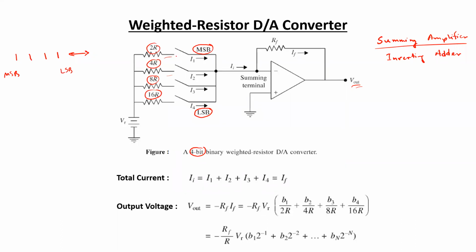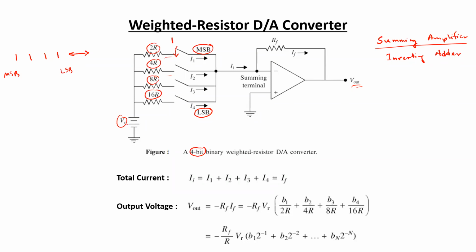The purpose of the switches is to represent the two possible states of a bit, either 0 or 1. If the switch is closed, suppose this switch is closed, this input reference voltage is going to cause some current to flow through this branch. You can say that that is representing binary bit 1.